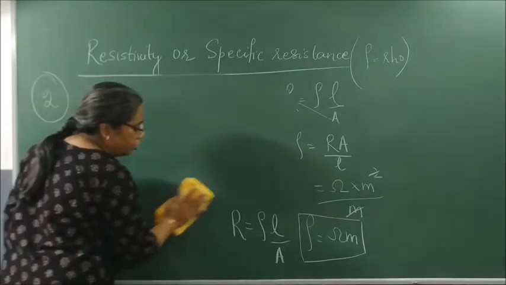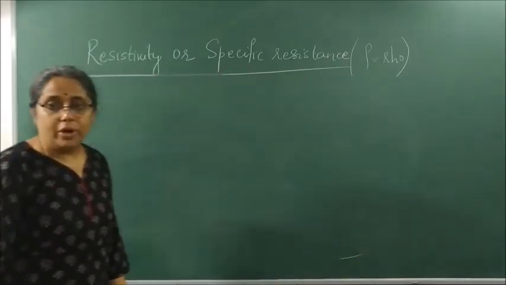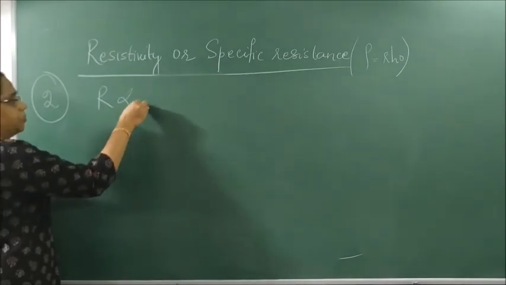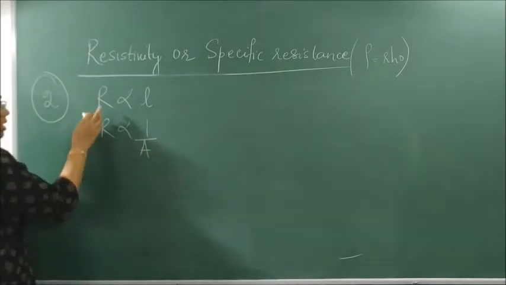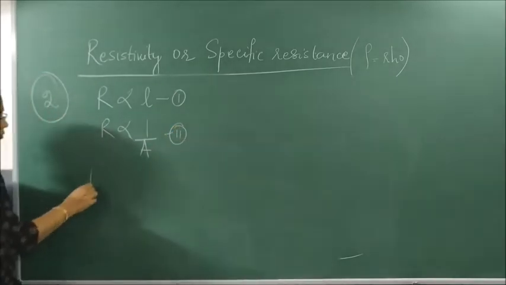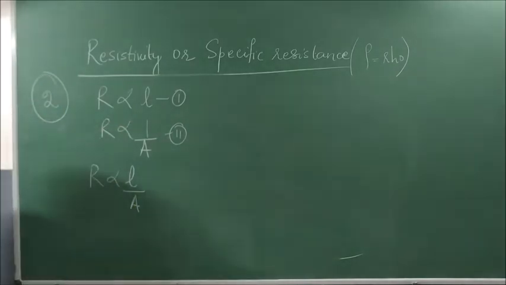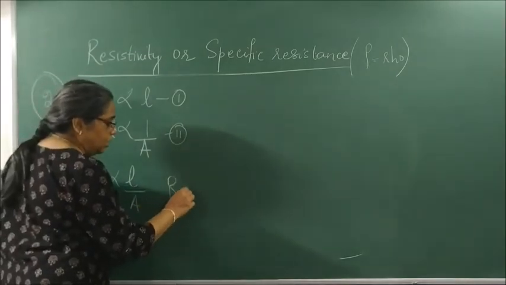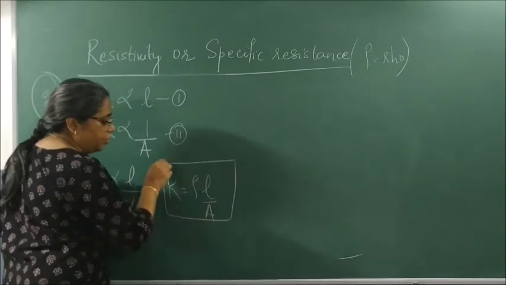Fine? So how do you talk about specific resistance or resistivity? You should really not require to mug it up. You should be able to understand. We know that R is proportional to L. R is inversely proportional to A. Combining equation 1 and equation 2, I will get R is proportional to L by A. Removing the proportionality sign and multiplying it with a constant, I get R is equal to rho L by A. So this is how we talk about rho.